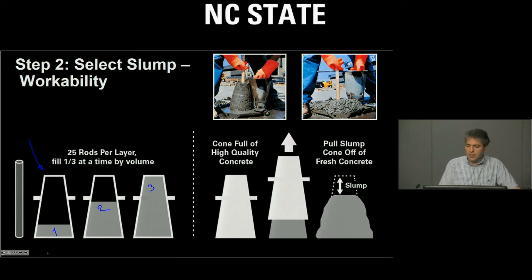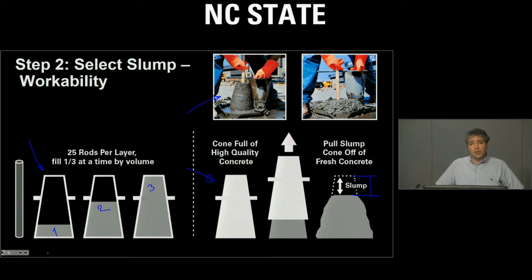So you can see, for example, over here that this concrete has been placed in the cone. And after that, we remove the cone, and we remove the cone very slowly. You don't want to vibrate this cone while you're pulling it out. And we measure the amount of slump, the drop in the height of this concrete mixture. That is what the slump is.